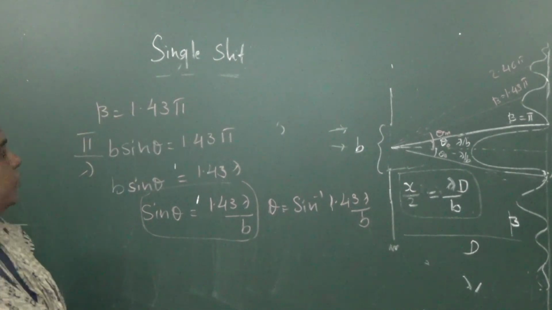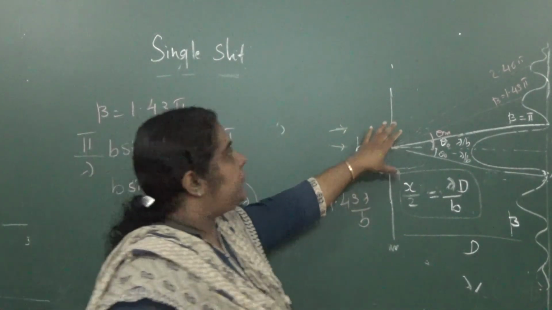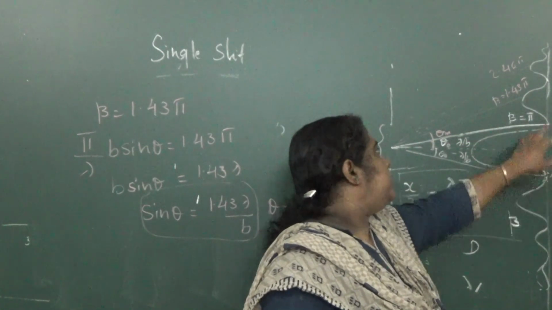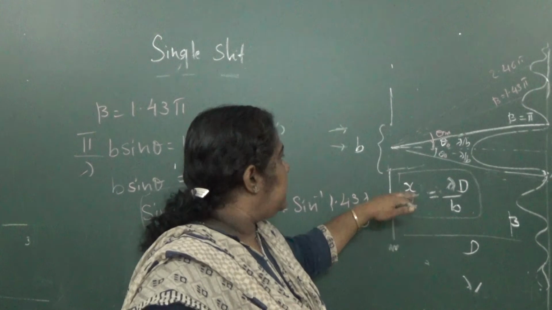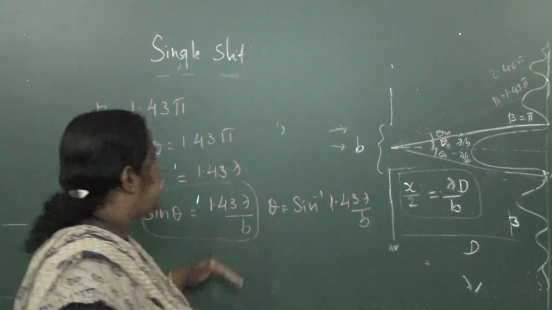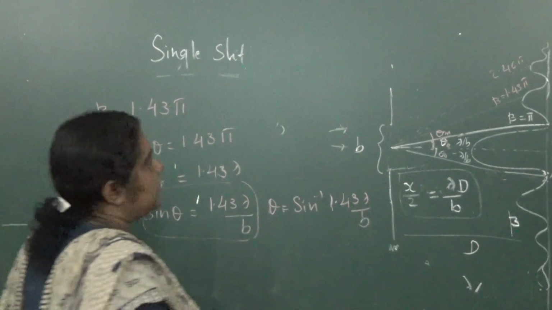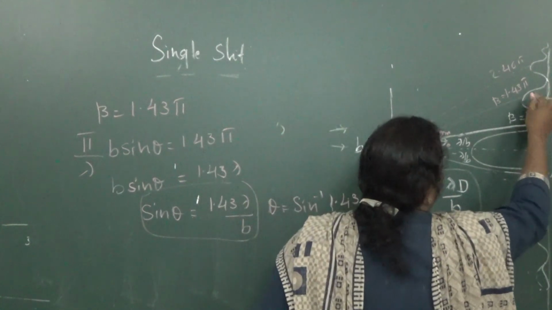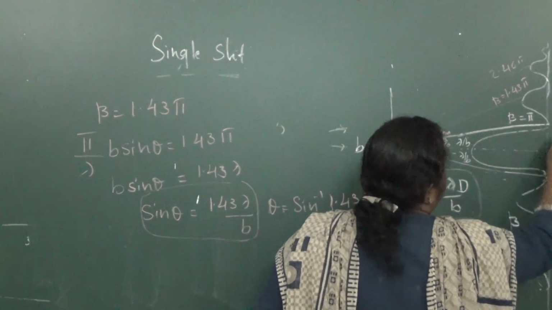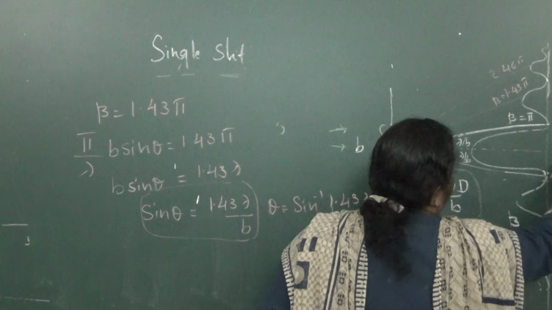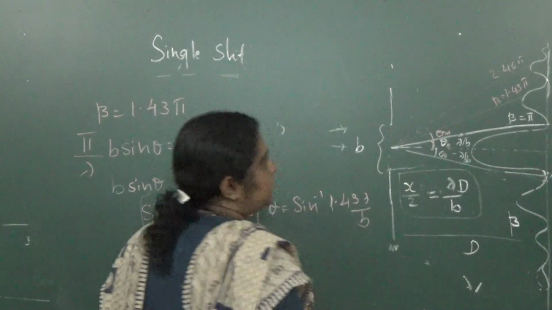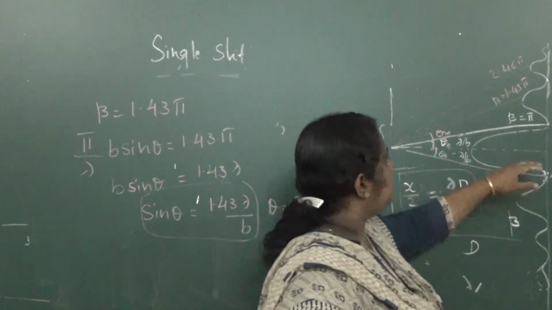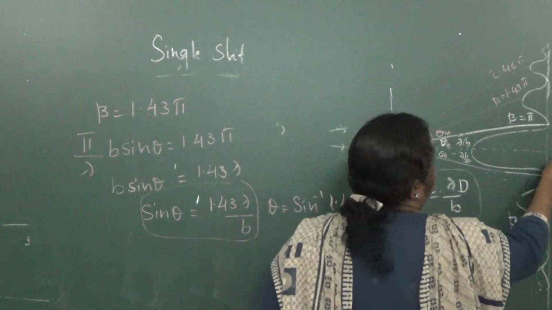Then 2 theta will give you the width, or you can find out the position. Suppose this value is x, x2, x1. Then x1 will give you the position up to this. Okay.